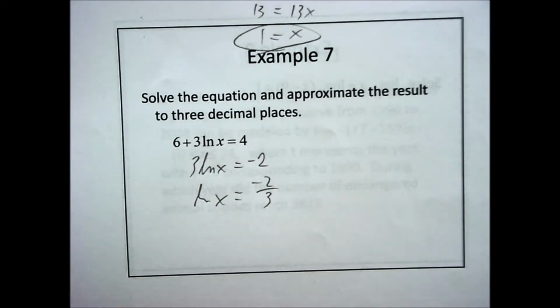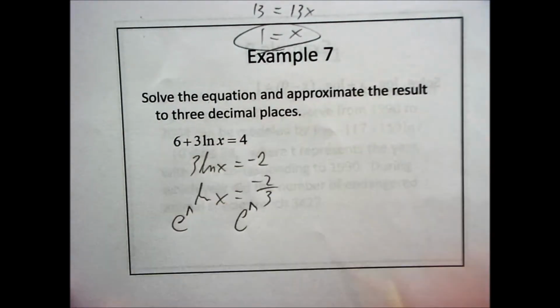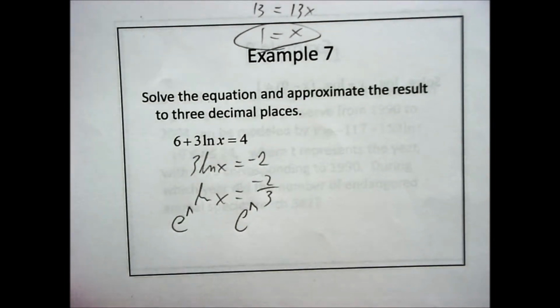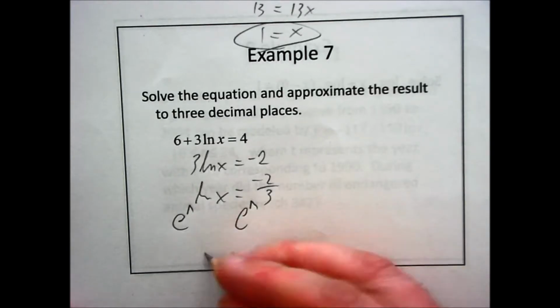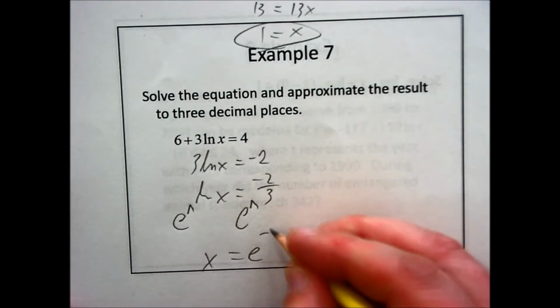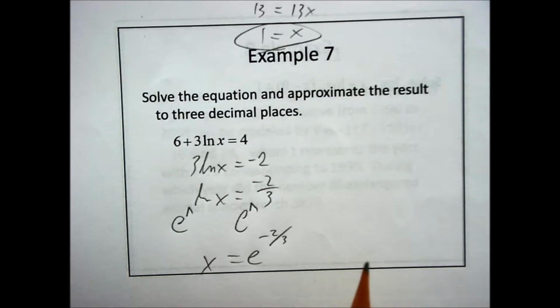Now if you're really not comfortable just doing that straight transformation from logarithmic to exponential, that's fine. You can also just move both things into the exponent like that with your base. Because what's e to the ln of x? X. And you get e to the negative 2/3. If you're comfortable just jumping from one to the other and back, that's great. It, in my opinion, goes faster. You can just raise both sides into the exponent of whatever your base is that you're using.